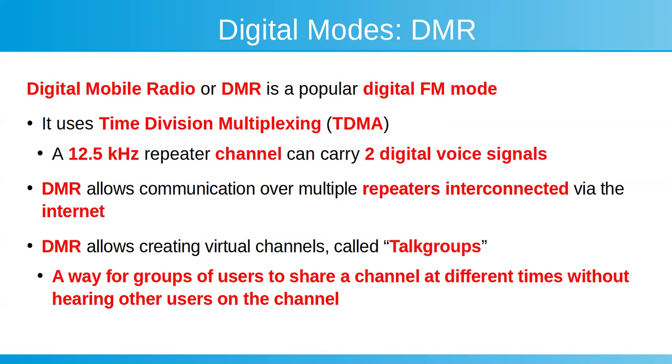The one thing they always point out as an advantage of DMR is that it does time division multiplexing and can carry two channels at the same time through the repeater. I personally haven't seen where that's useful, but it's a marketing thing.